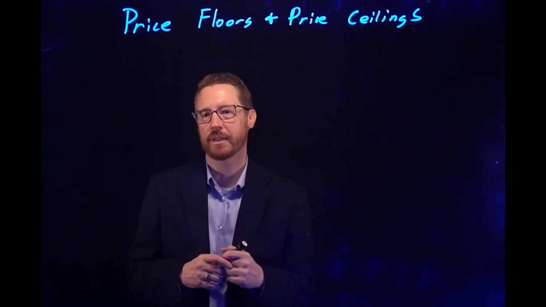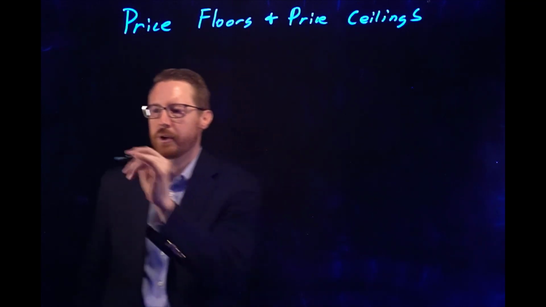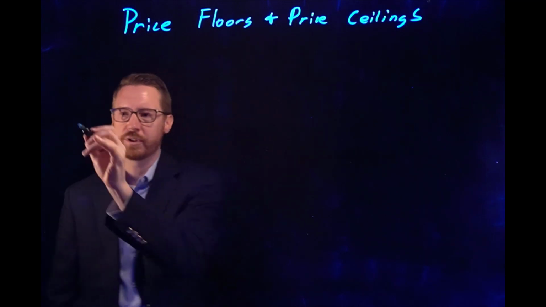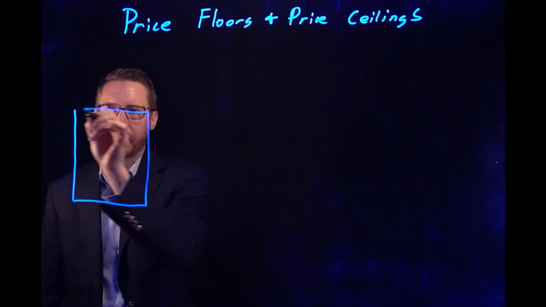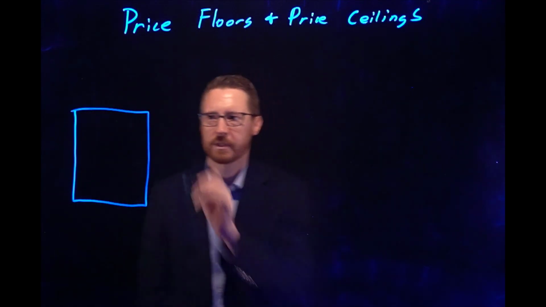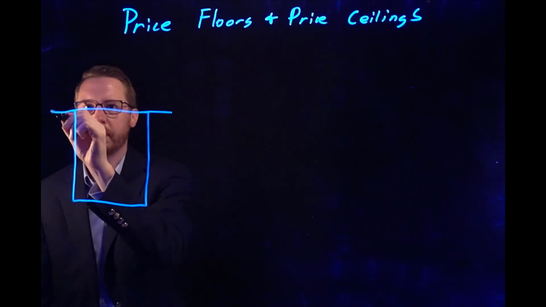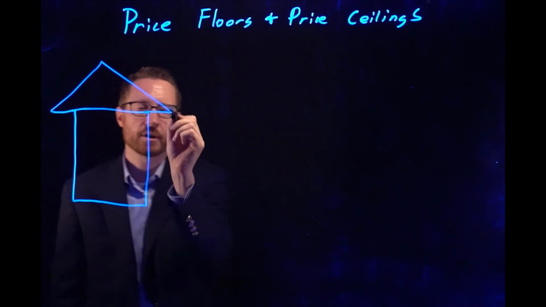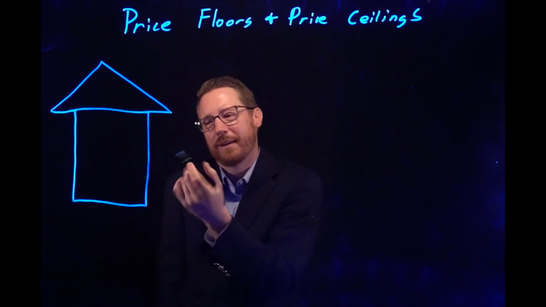So let's think about these in an intuitive way that we can imagine. If we start off, we're thinking about floors and ceilings. So we're sort of thinking about a house, right? Let's go ahead, we'll put an attic on it and a roof, and this is our super sweet house. So where do we live in a house?